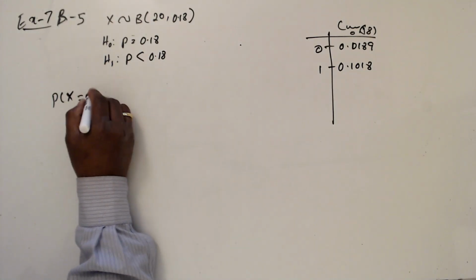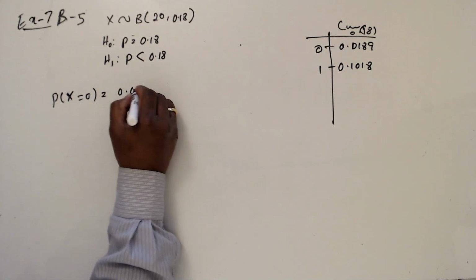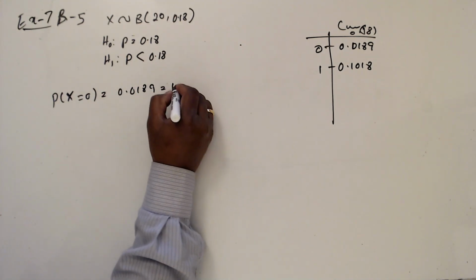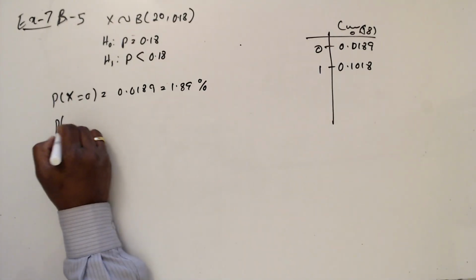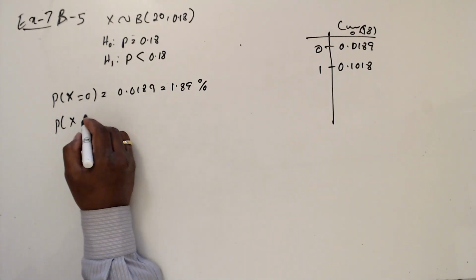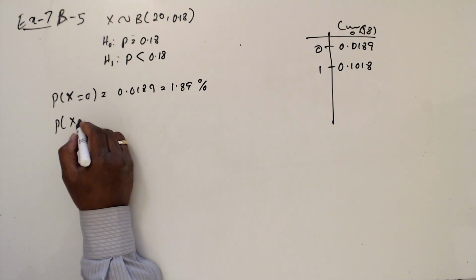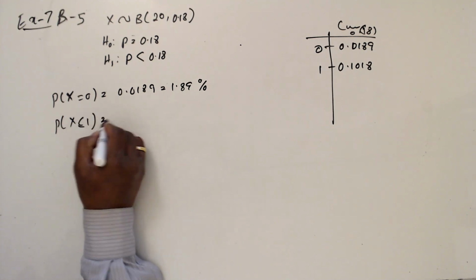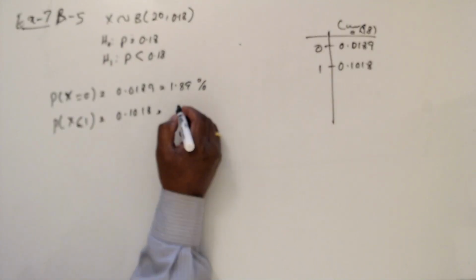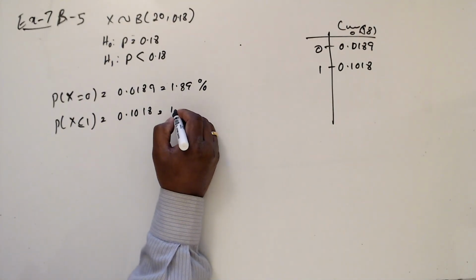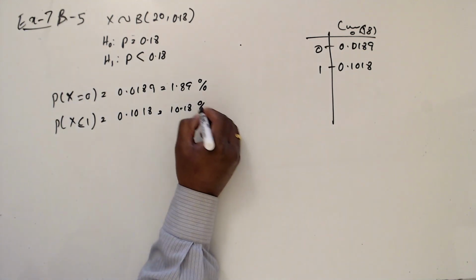Now the probability of x equals 0 is 0.0189, that is 1.89 as a percent, and the probability of x less than or equal to 1 is 0.1018, which is 10.18%.